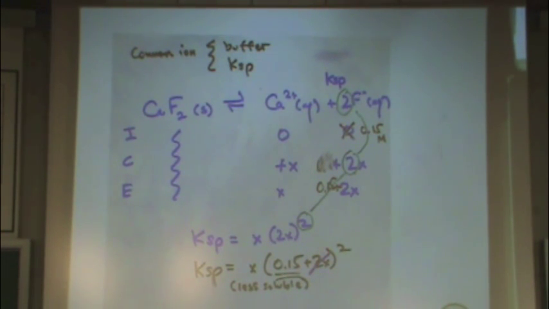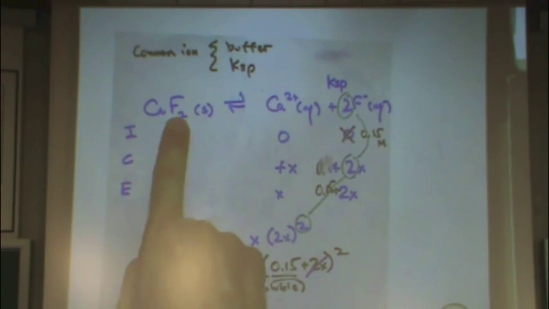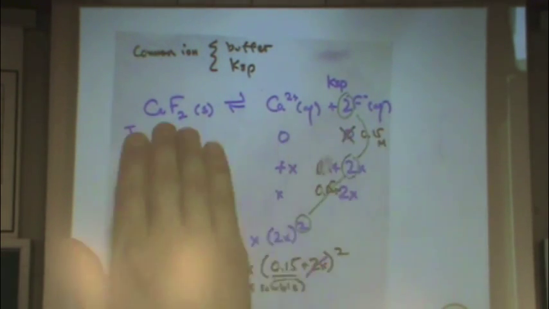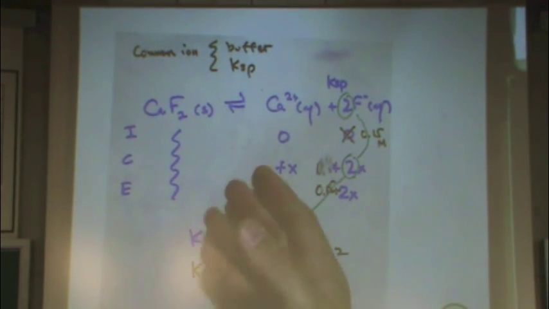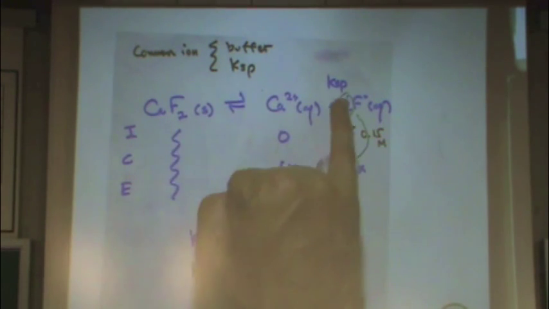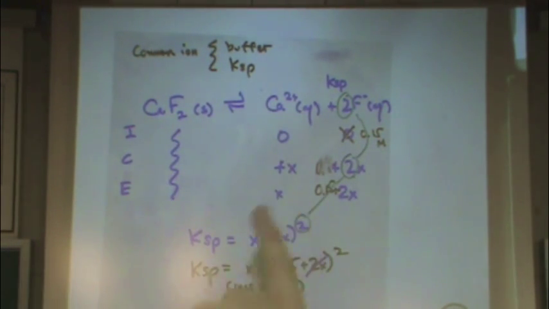So that means we're focused on things that don't dissolve, meaning they want to stay here. We have not learned the math of things that want to dissolve. So we're focused on small KSPs in our class. Okay? So we're always having KSP small, the reactants favored, and X small.